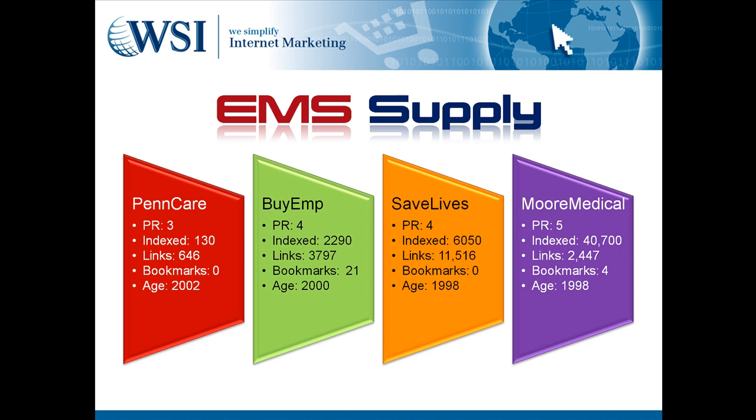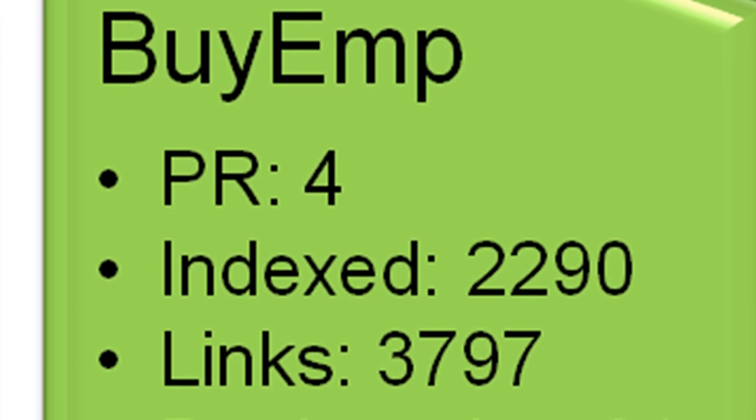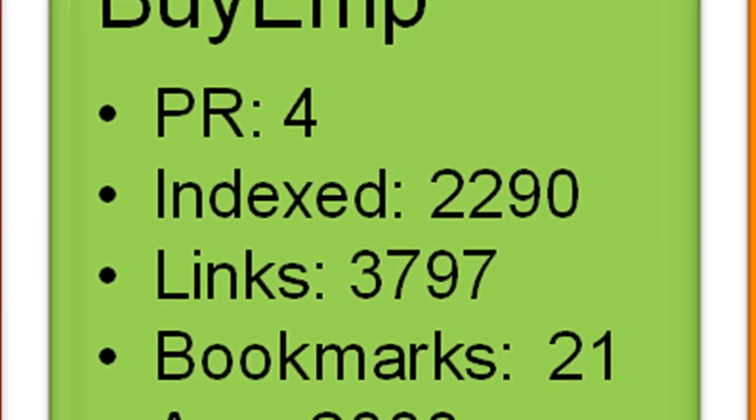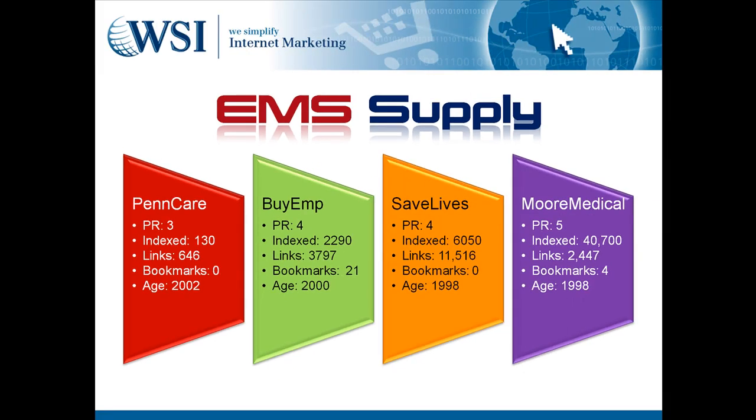Take a look at their website, and we know that their competitors might have a higher page rank, they might have more indexed pages, they might have a lot more links pointing back to the domain name, they might have bookmarks from social sites that are helping them out, they might even have been around for a longer period of time, and that's why they're ranking higher. But pretty much this will really justify how much work you have to do from an SEO perspective to match your competitors.